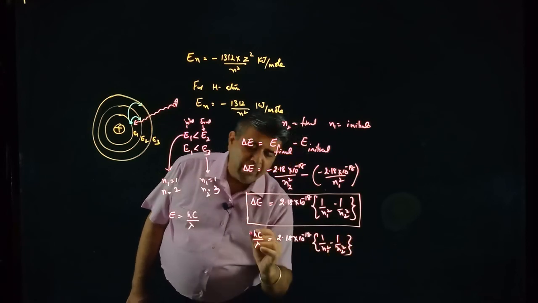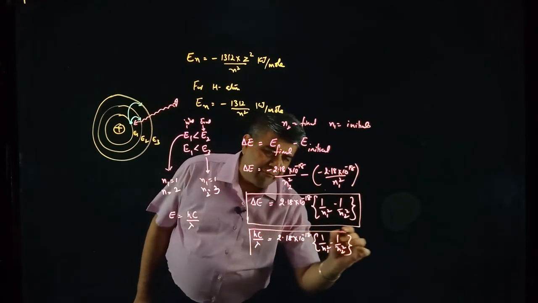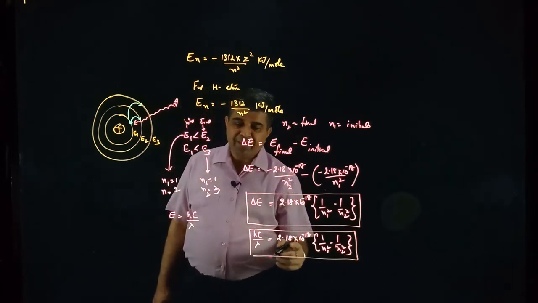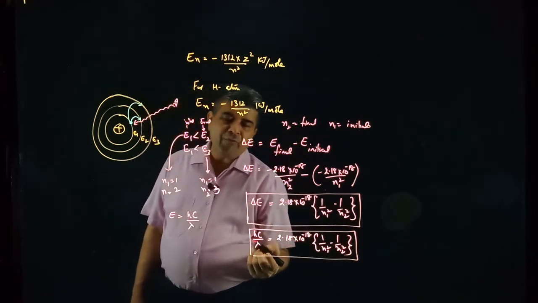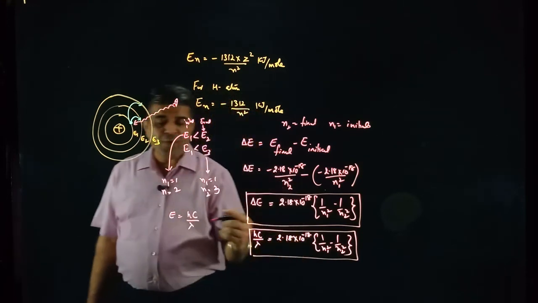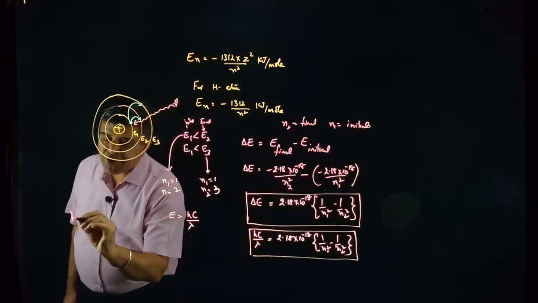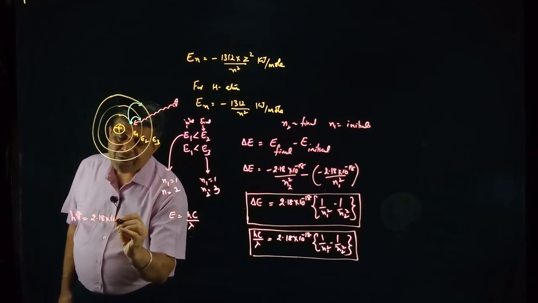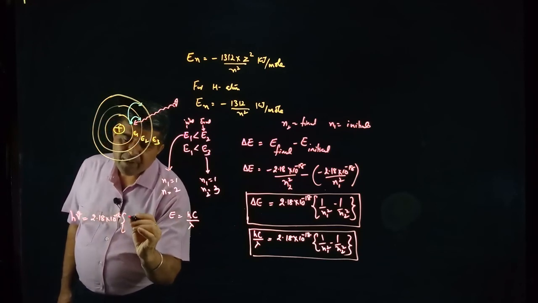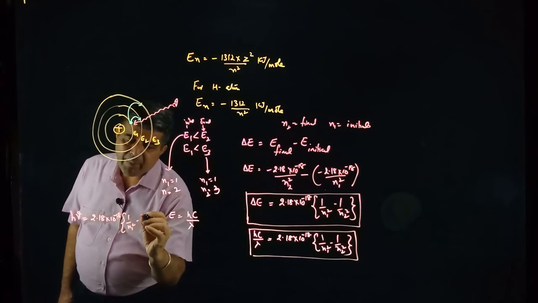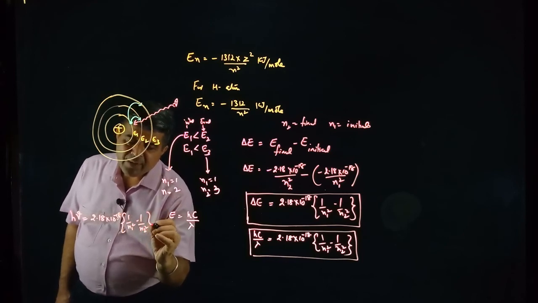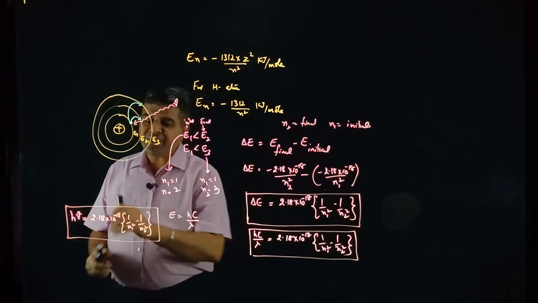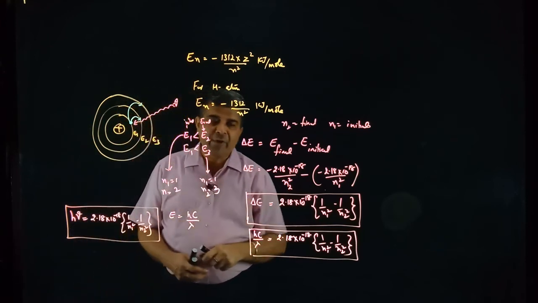By using this formula, we can calculate the wavelength that would be sufficient to make that electronic transition. And if I want to find out the frequency, then this formula can be written as h nu equal to 2.18 into 10 raised to power minus 18, 1 over N1 square minus 1 over N2 square. So we can calculate the frequency that is sufficient to make an electronic transition.